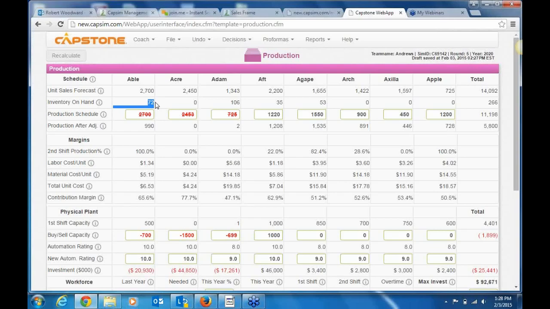Quick question, and maybe something that needs a little clarification. How do you decide it's time to sell capacity? For example, say I have my Able product. I have 1,800 units of capacity. That gives me the ability to do 3,600 units in a full year with both of my shifts.